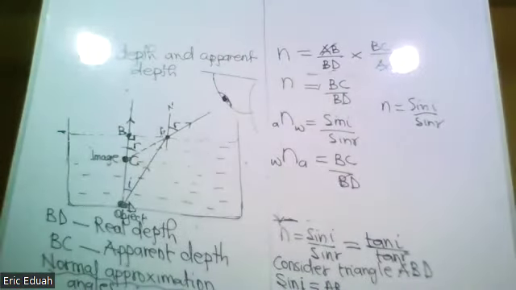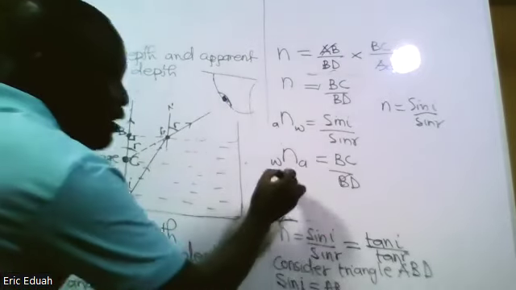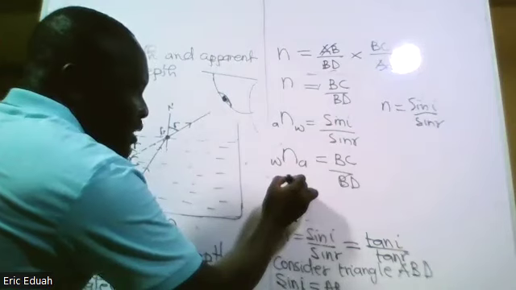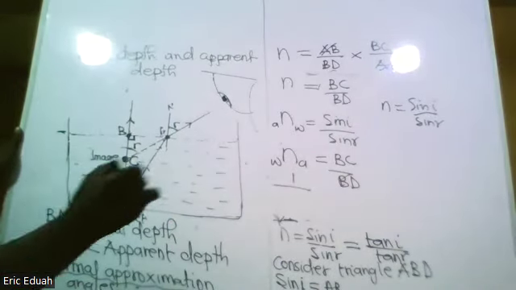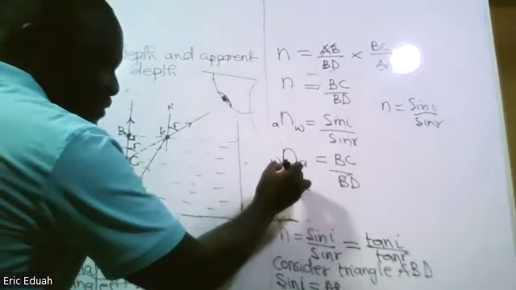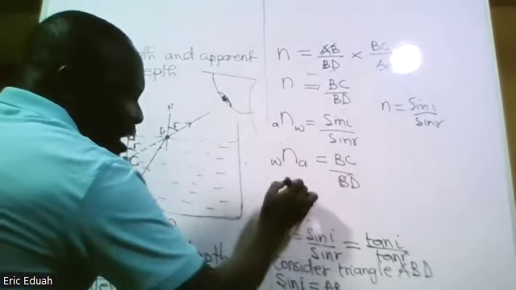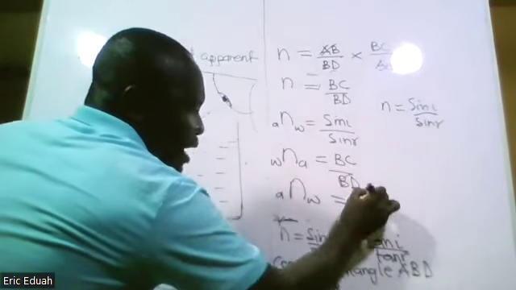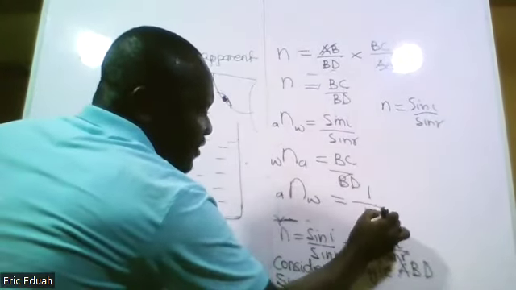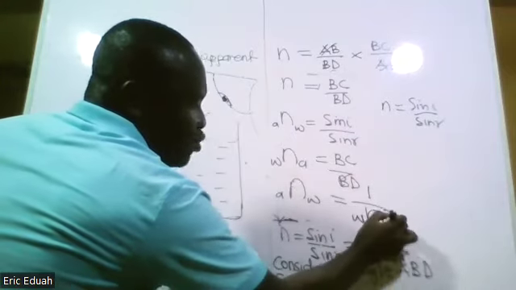If we want the real refractive index, it will be 1 over whatever we've had. The refractive index from air to water is 1 over the refractive index from water to air.